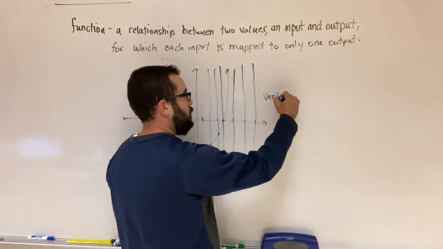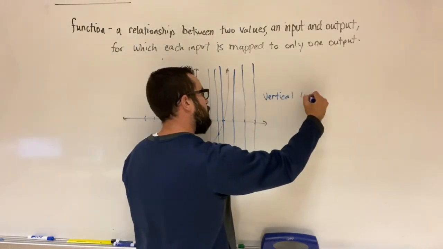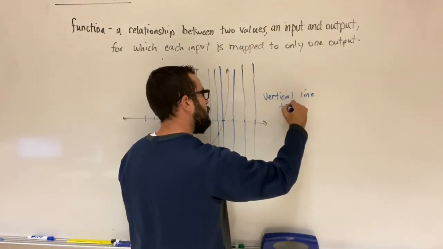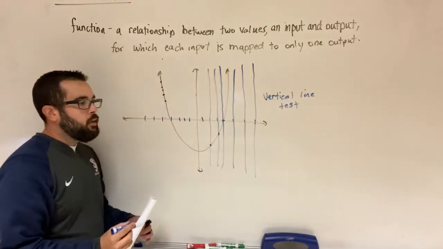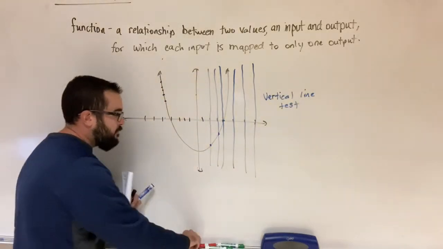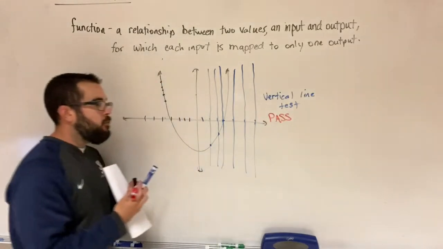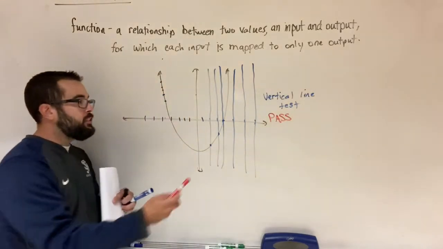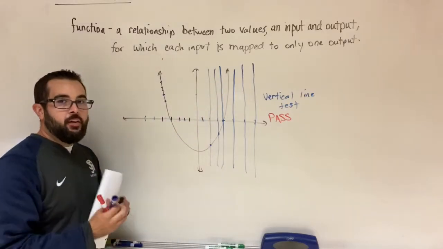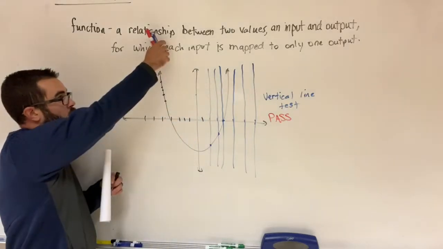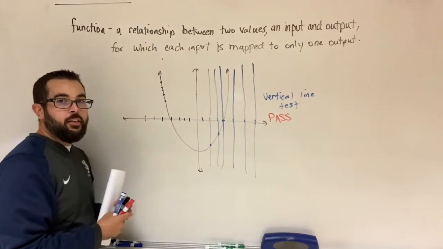So I'm just going to write vertical line test over here so you know what we're doing here. And this graph passes that vertical line test, so we would say that this graph represents a function. So it satisfies this definition.